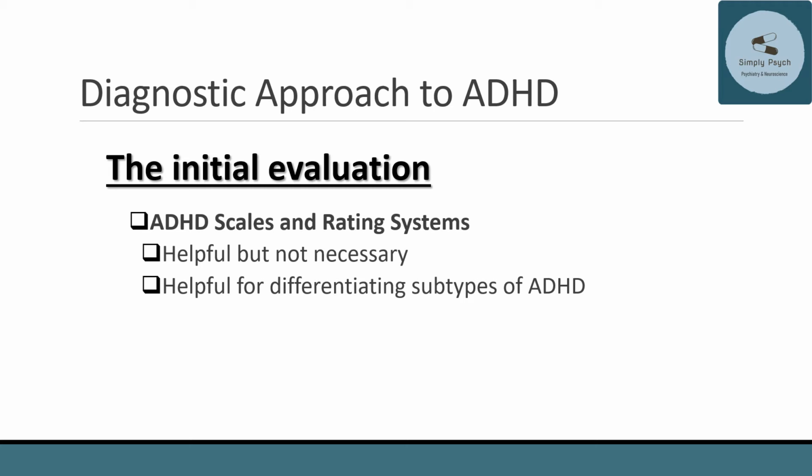It's not going to make the diagnosis, but if they do have some ADHD symptoms, what seems to be the issue primarily? Is it both inattention and impulsivity and hyperactivity, or is it more that they're inattentive than hyperactive? I like to use that because it's really helpful for differentiating the subtypes. There are 3 subtypes of ADHD: the inattentive subtype, the hyperactive, impulsive subtype, and then the combined type.